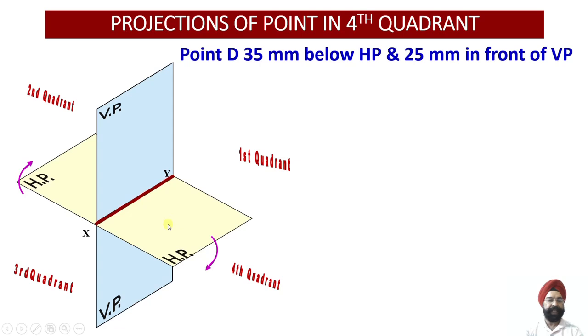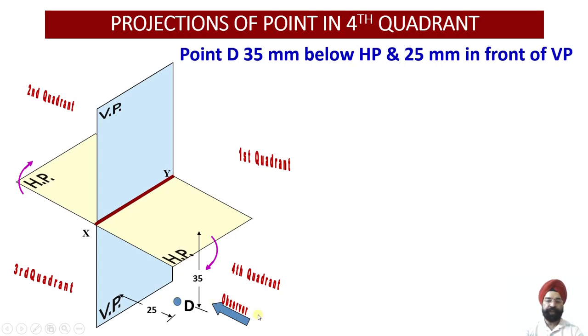So let us freeze the location of the point in the space. Here you can see we know the distances from HP and VP: 25 mm in front of VP, 35 mm below the horizontal plane. So we have checked the location of the point D in space.